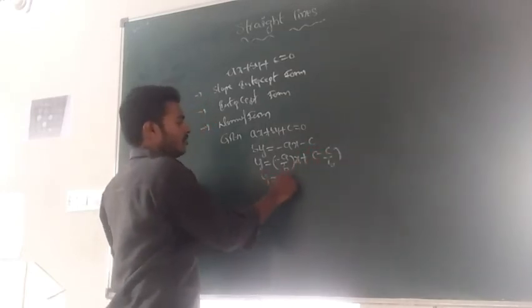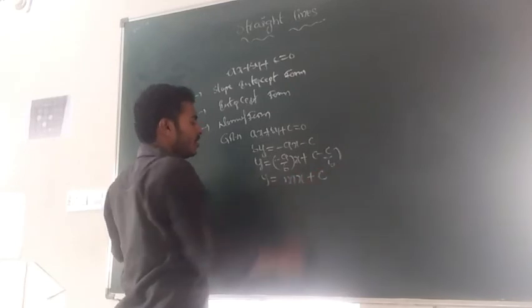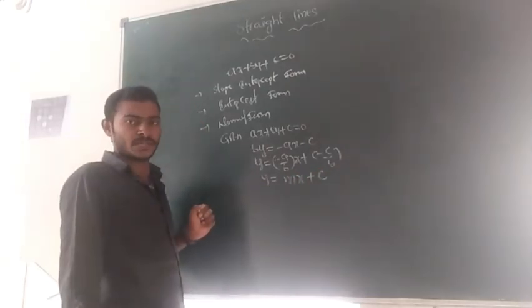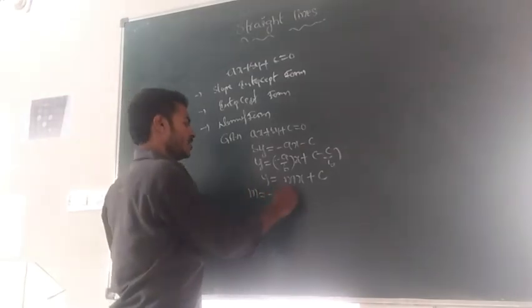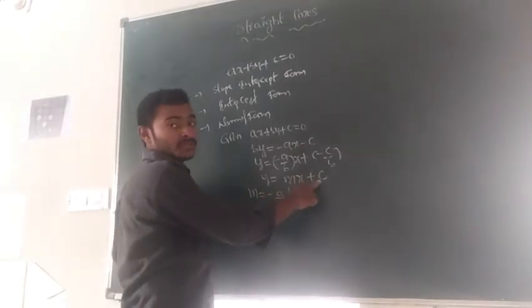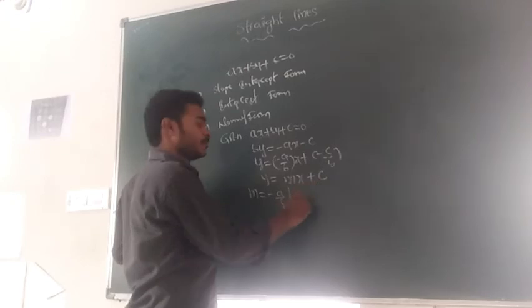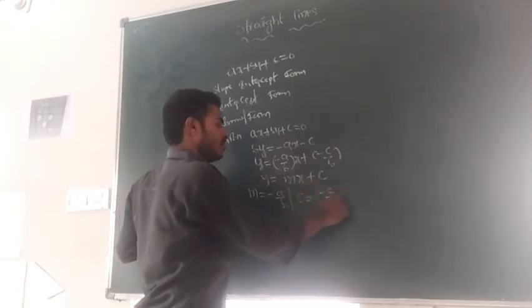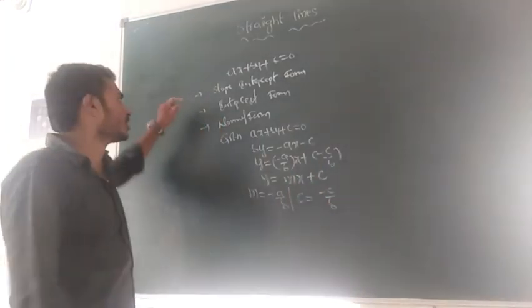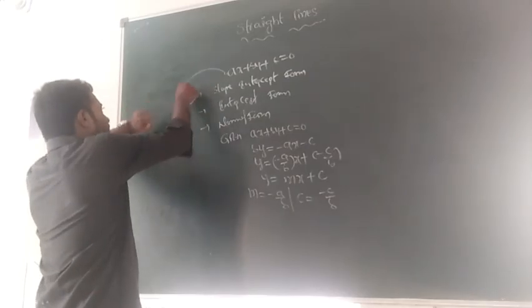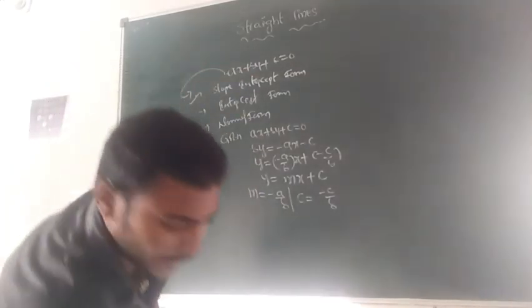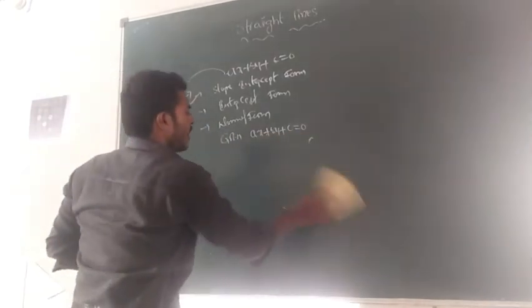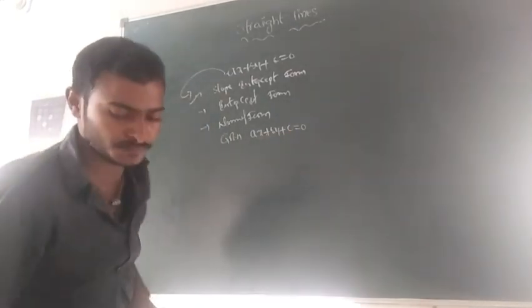So it is of the form mx plus c, the slope intercept form. Directly we can write m equal to minus a by b, and the y-intercept c equals minus c by b. The first is done: the straight line is converted into slope intercept form.